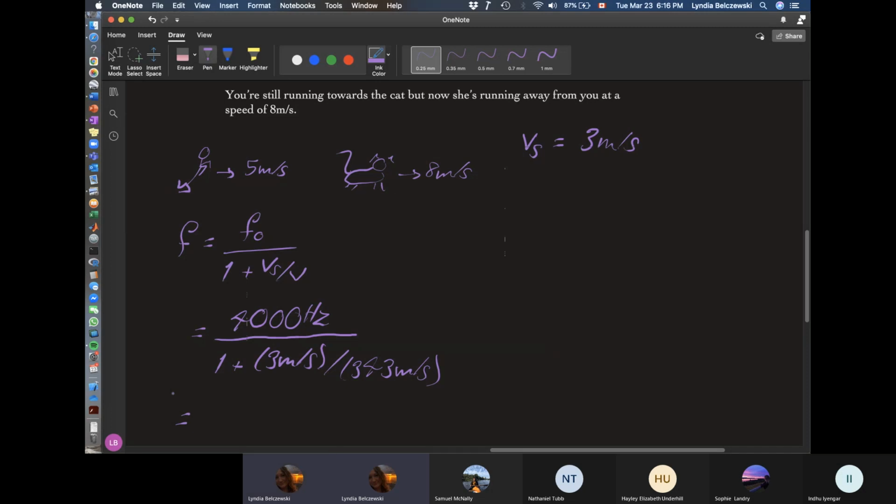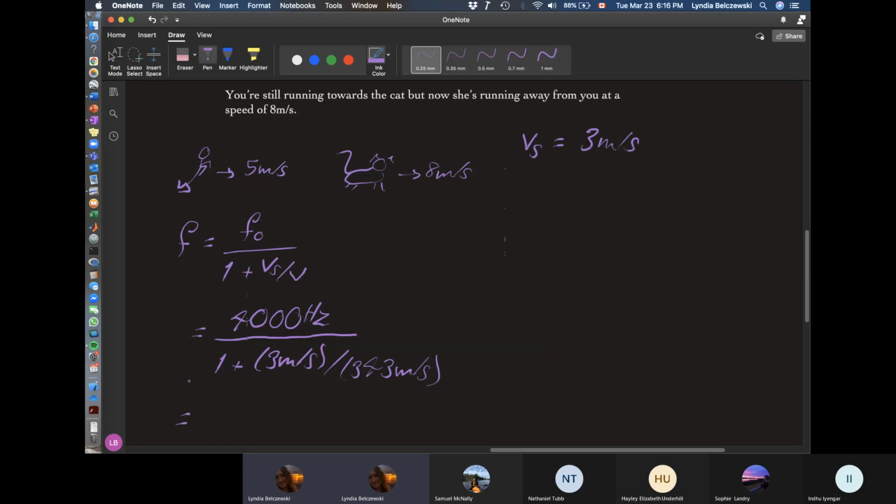So in this case, I made a mistake in my calculator. Since the cat is moving at a slower speed relative to you, the frequency that you observe won't be as different from the actual frequency, but also since overall the cat is moving away from you, the frequency should decrease.